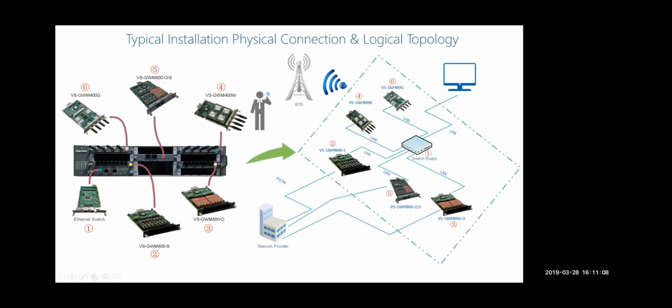Now we will analyze a typical installation topology graph. As you can see, in the first case, there is a VSGW 2120 chassis. The old analog module VS GWM 800 series and older wireless module, GWM 400 series, are mixed in the chassis.